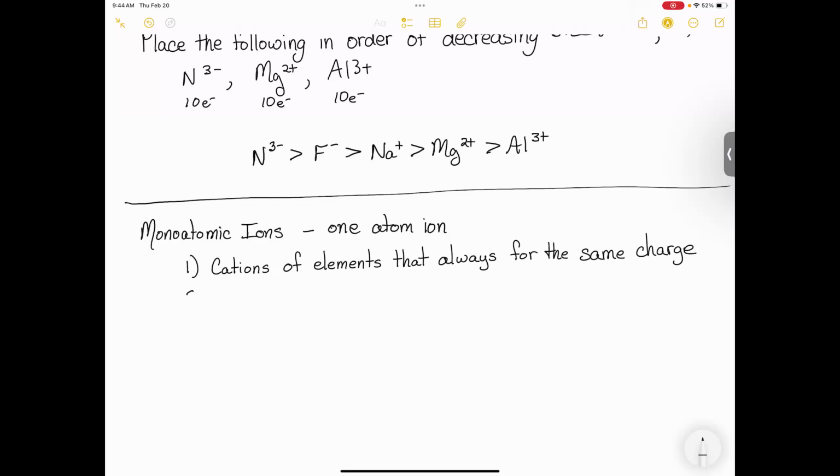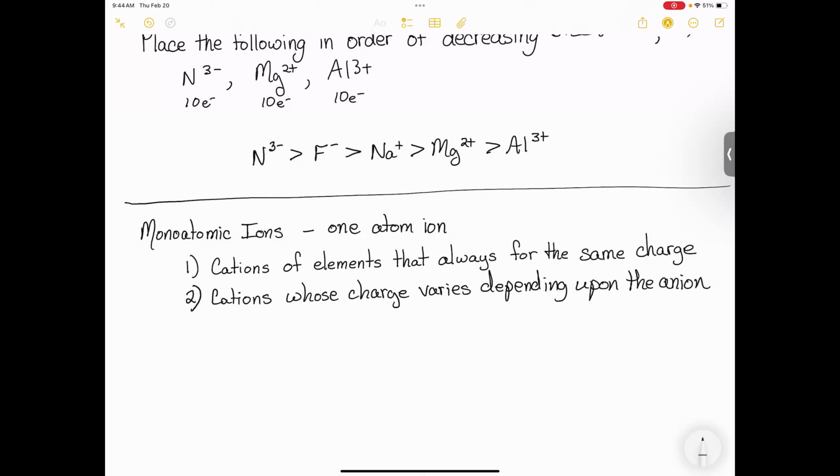The second category are going to be cations whose charge varies depending upon the anion they are associated with.